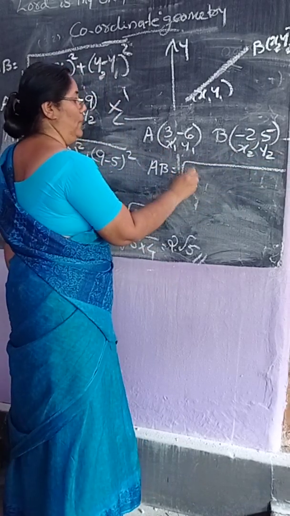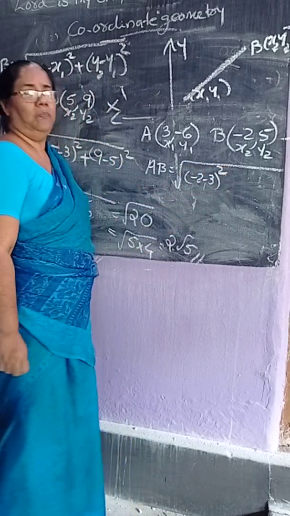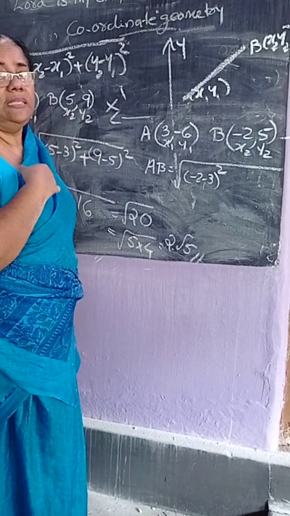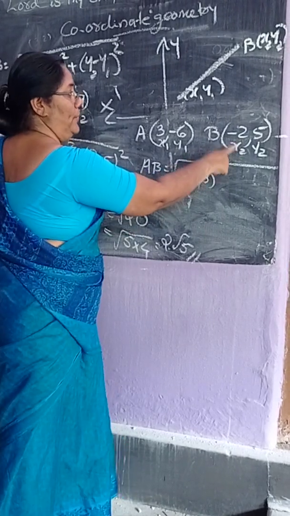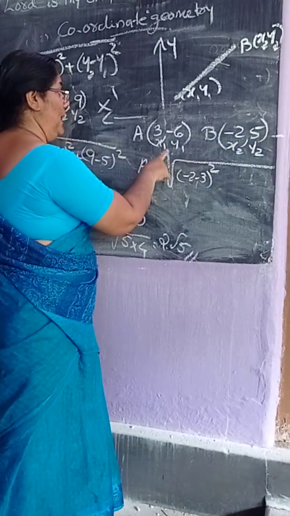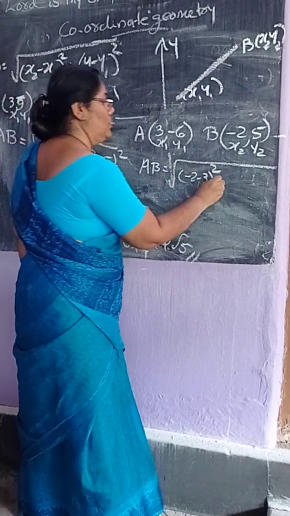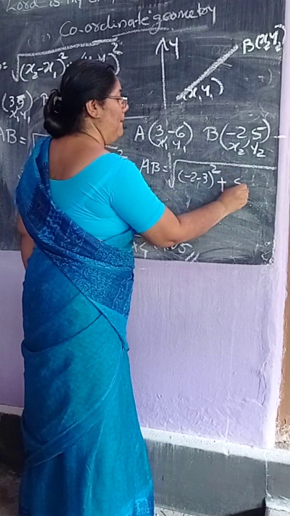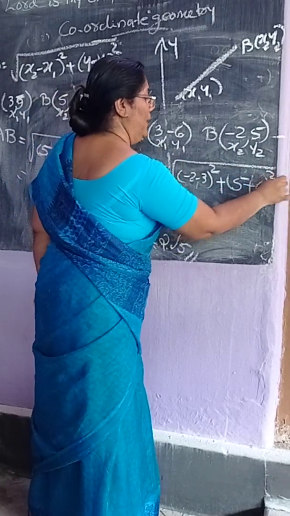x2 minus x1, minus 2 minus 3, the whole square. When you operate this negative sign, do it very carefully. Minus x1 is minus, the operation is minus, this is positive 3, therefore minus 2 minus 3 the whole square, plus 5 minus minus 6, that changes to 5 plus 6 the whole square.